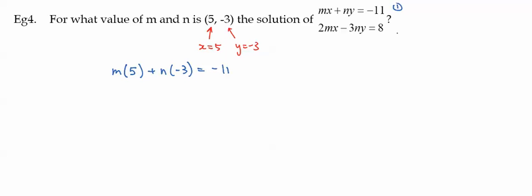For equation number 1, this is what we will end with. And for equation number 2, with 2n times x minus 3n times y equals 8, we can now simplify the two equations.